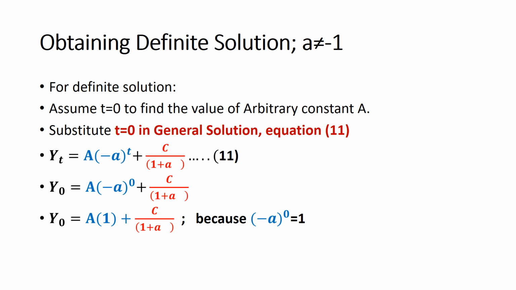If we put the initial condition t is equal to 0, here is y naught is equal to A into minus a to the power 0 plus c over 1 plus a, or y naught is equal to A into 1 plus c over 1 plus a. As we know that minus a to the power 0 is equal to 1, we substitute the value of minus a to the power 0.